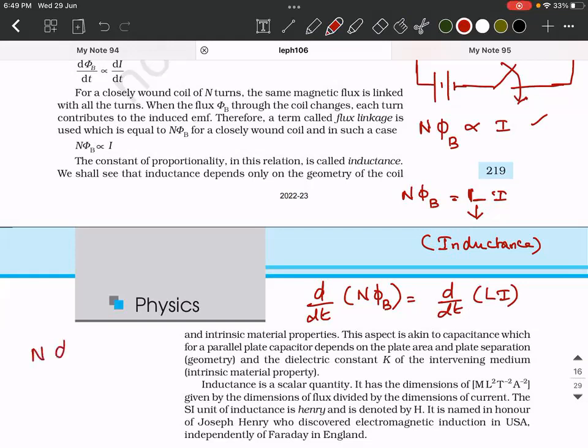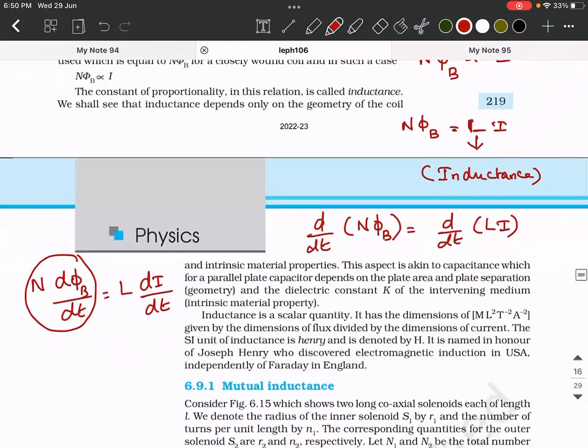It is N into d phi b divided by dt is equal to L, which is a constant. Inductance of a given material, like how resistance and capacitance are constant, inductance is also constant. L into di divided by dt. And what do you call this N into d phi by dt? This is what is called the EMF, but with a negative value.